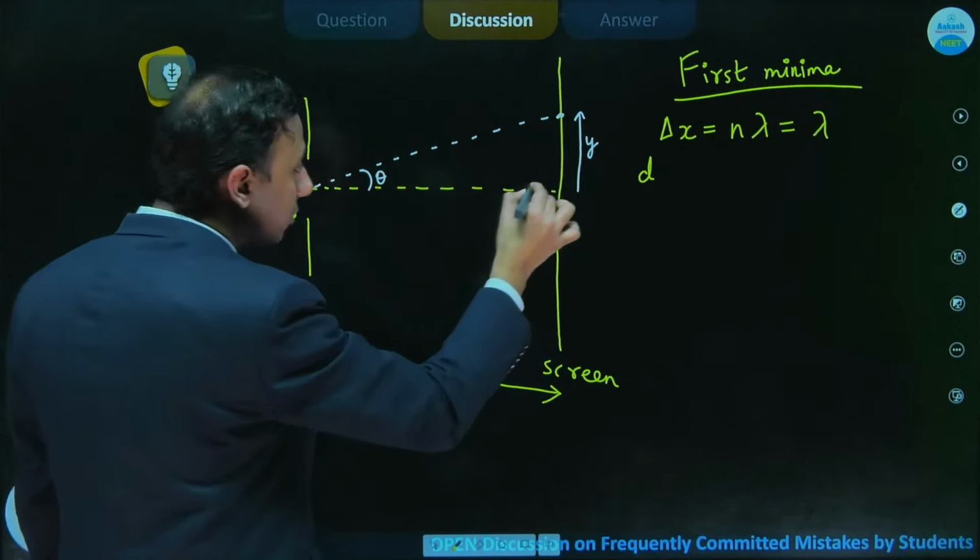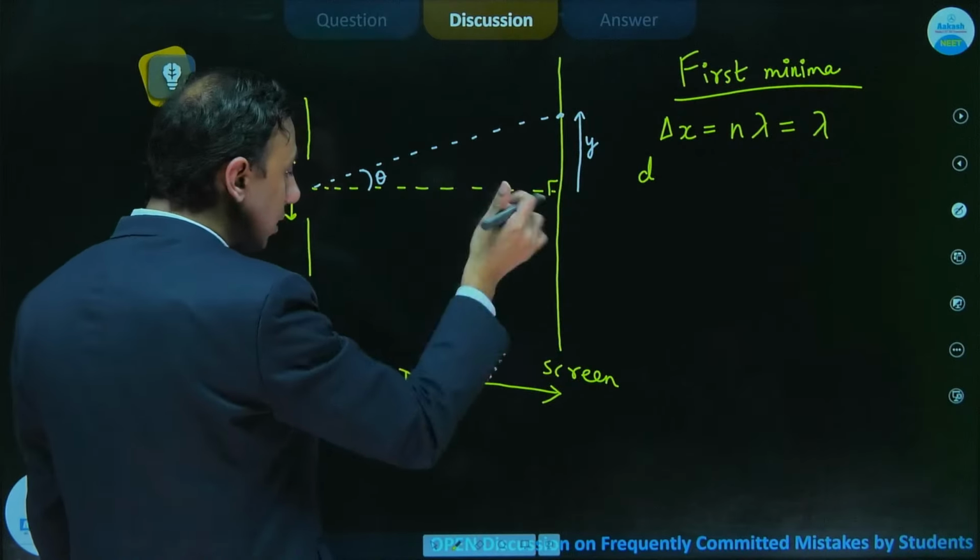And tan theta can be written as what? From this right angle triangle, this is your perpendicular and this is the base. So base length is how much?